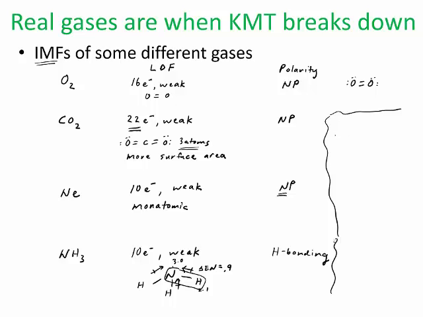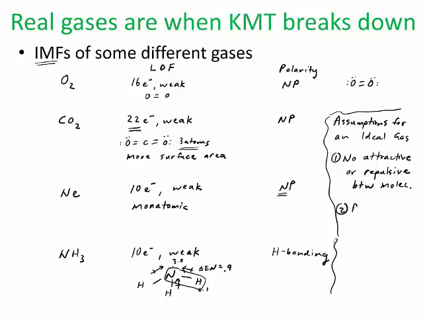So just to recap the main important ones, the assumptions for an ideal gas are that there are no attractive or repulsive forces between the molecules.